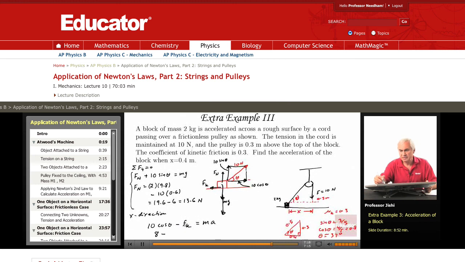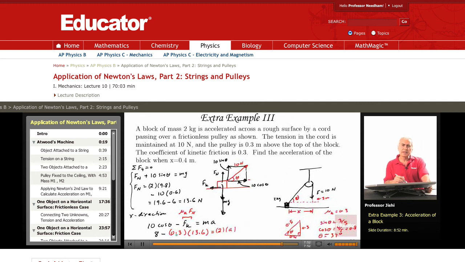Now what is Fk? It's mu k Fn. Fn is 13.6 and mu k is 0.3. So that's minus 0.3 times 13.6, and that's equal to ma. The mass is 2 kilograms, so that's 2 times a.